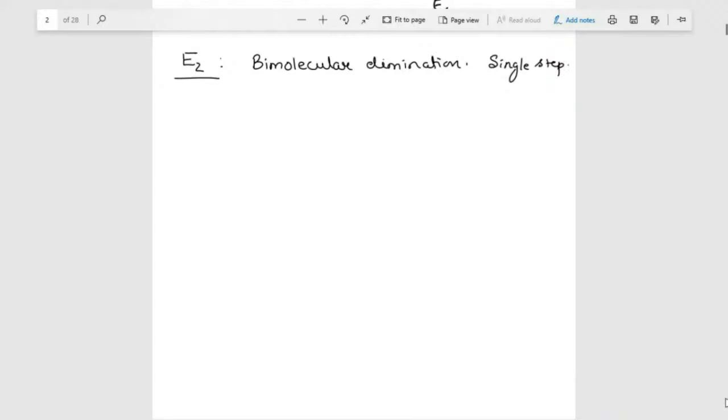So now, how does this E2 happen? To understand this E2, let me exemplify my whole set of working with some alkyl halide. Say, for example, we are having this alkyl halide and are considering its reaction with alcoholic KOH.